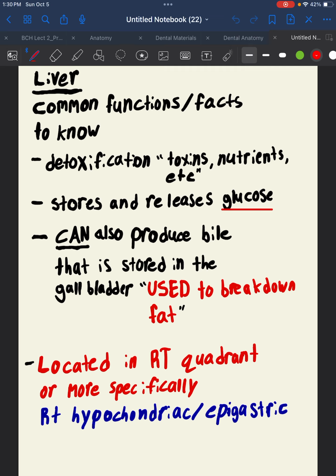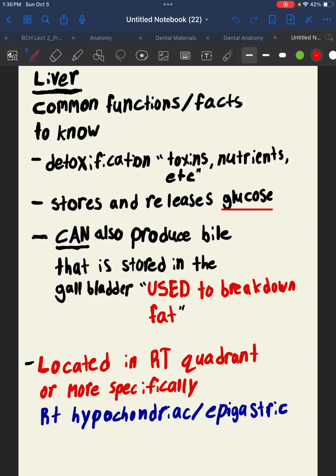With that being said, let's start with organs located in the actual abdominal cavity, starting with the liver. So the liver is actually one of the largest organs in the human body. And the liver has many functions, but some of those common functions include detoxification of toxins, medications, and nutrients. So it acts as a filtration system.